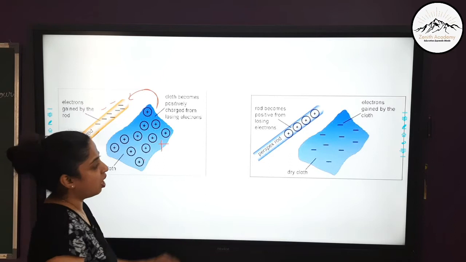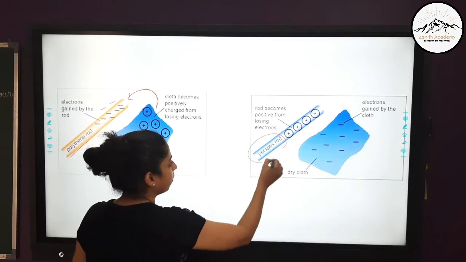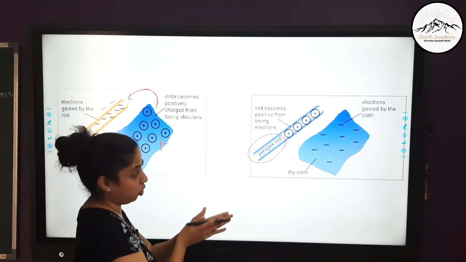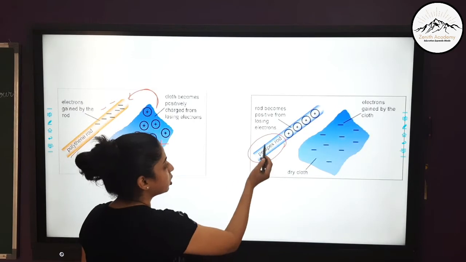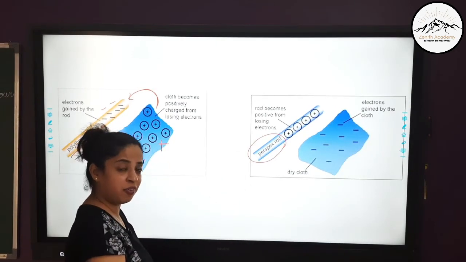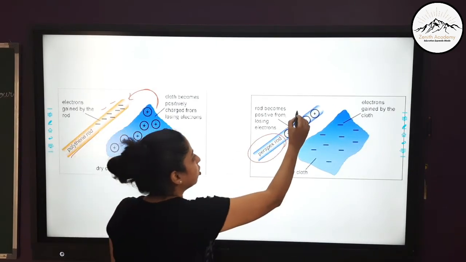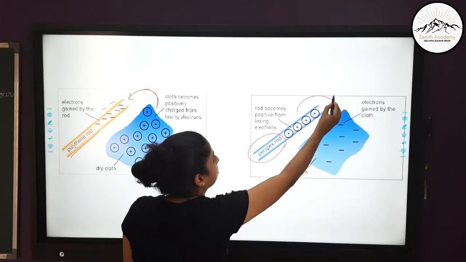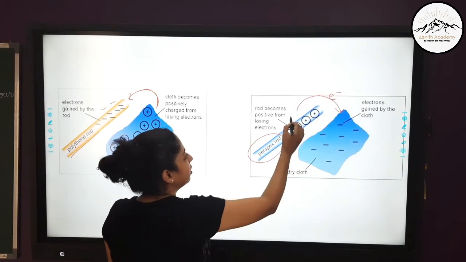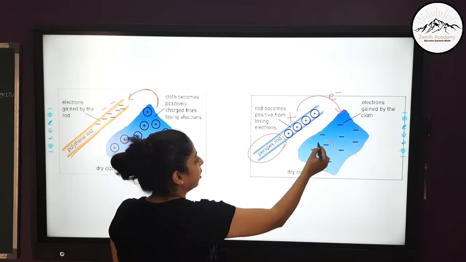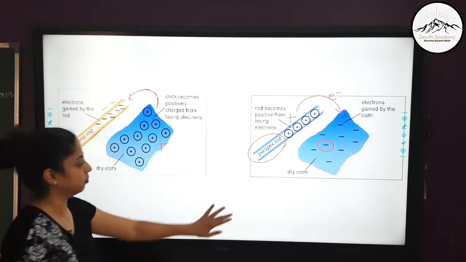Similarly here I have taken a perspex rod and rubbed it with dry cloth. Now this perspex rod had less affinity for electrons, so the electrons travelled from here to the cloth. Since they travelled, the rod became positive and the cloth became negative.